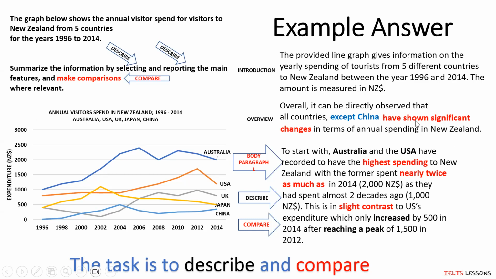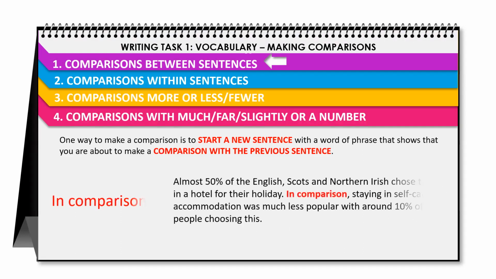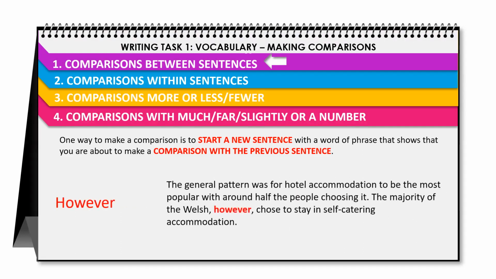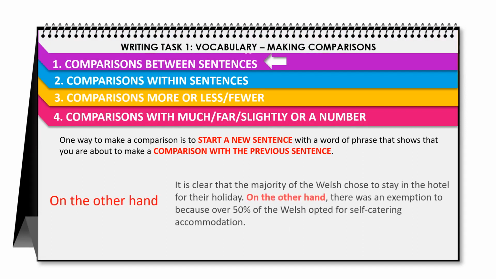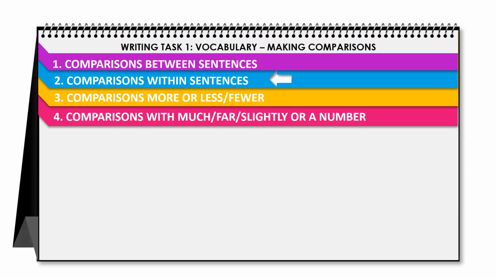So we have here, in contrast, I'll just browse this quickly. There are words to make comparisons to start a new sentence. We have in contrast, in comparison, however, on the other hand, and next is within sentences.